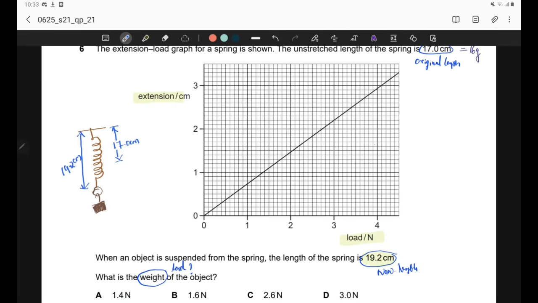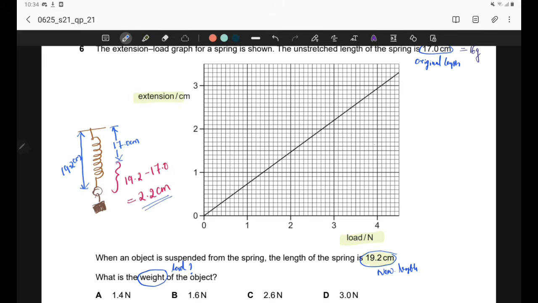So we can find the extension of the spring, or how much the spring extended, just by subtracting the new length, that is 19.2, minus the original length. So we will get 2.2 centimeter.